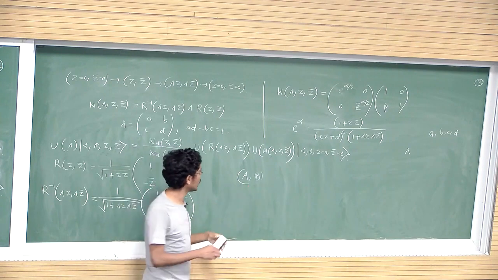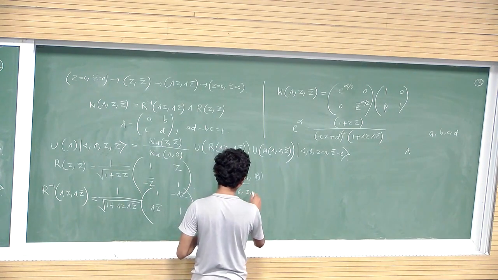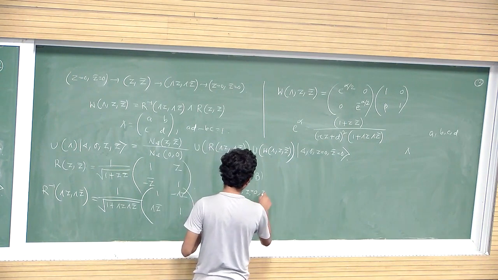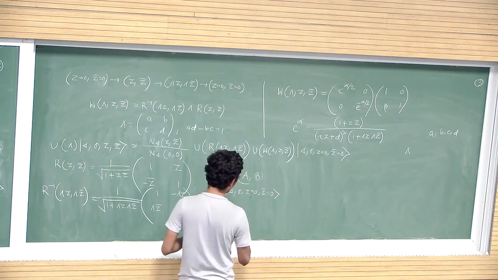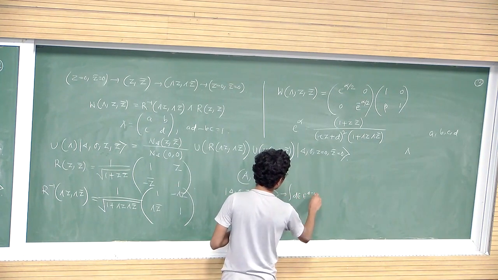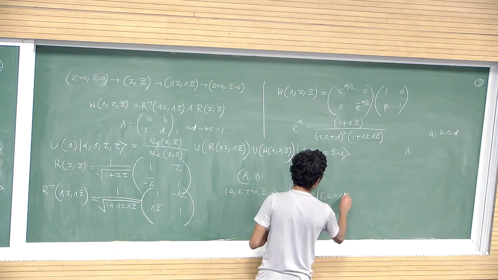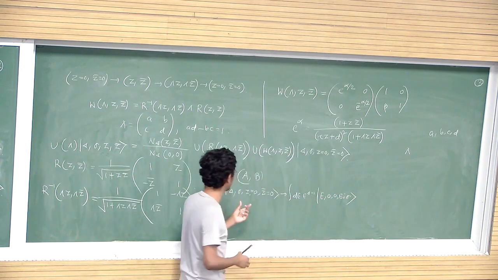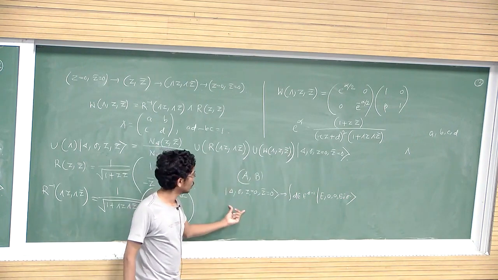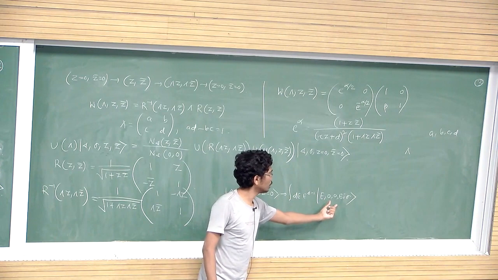Now what I am saying is that my delta sigma at z equals 0 and z bar equals 0 is related by the Mellin transformation to this E00 state. Now A B acting on this state is 0.